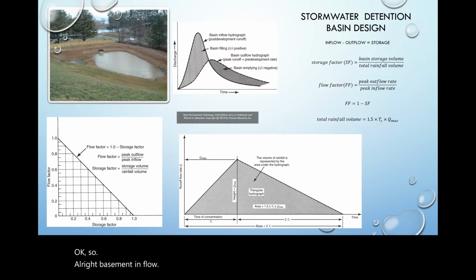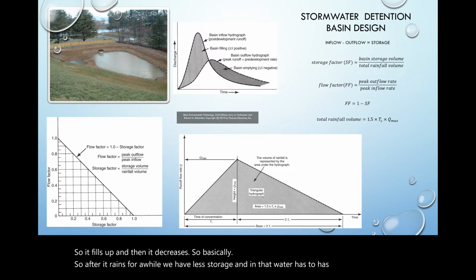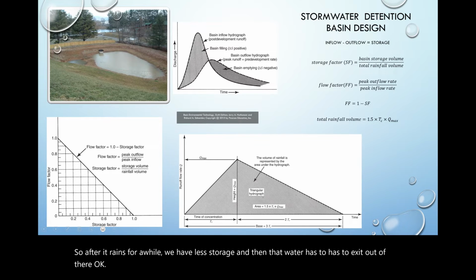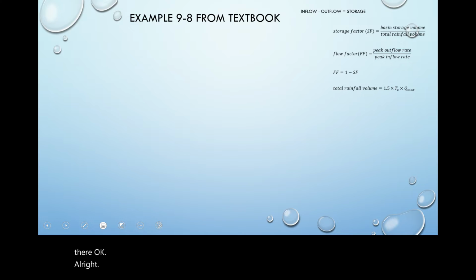Again, I'm sorry. So it fills up and then it decreases. So after it rains for a while, we have less storage, and then that water has to exit out of there. All right. So let's do example 9.8 from the textbook.